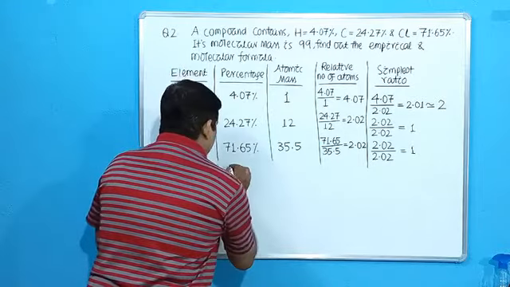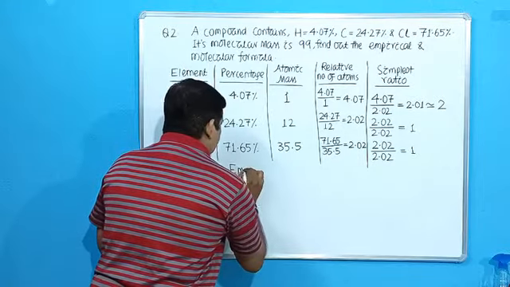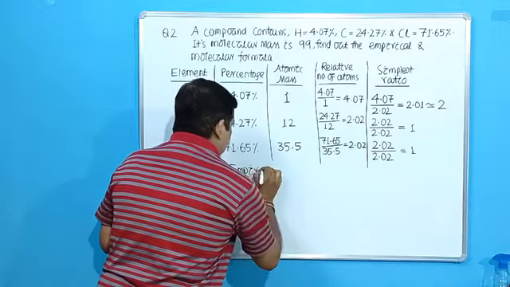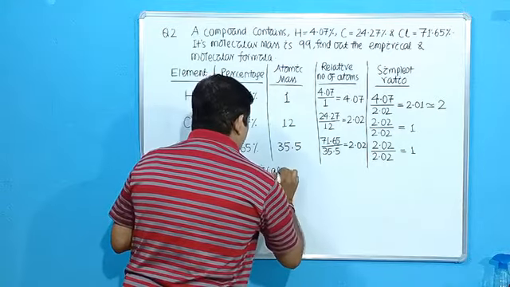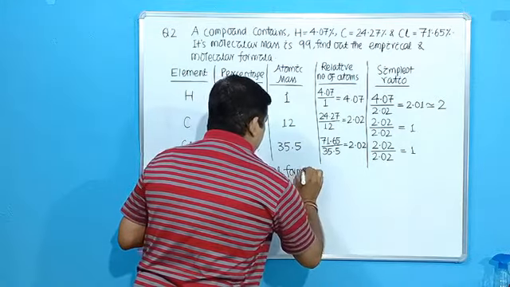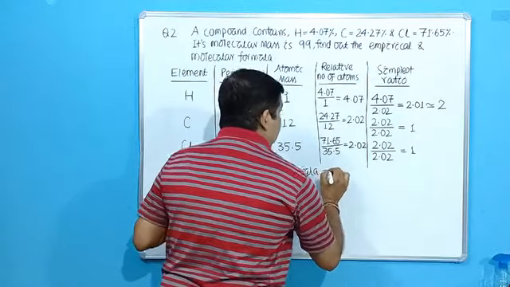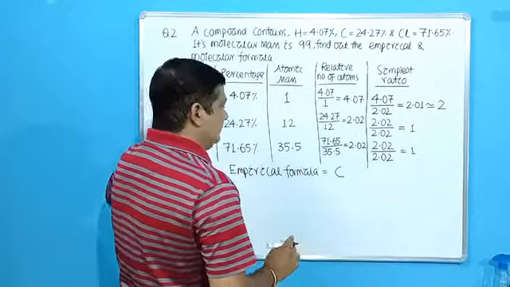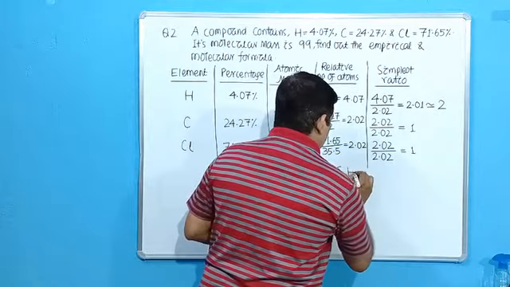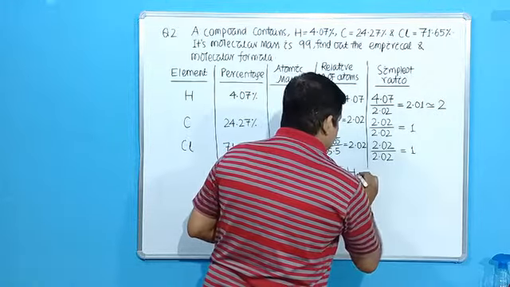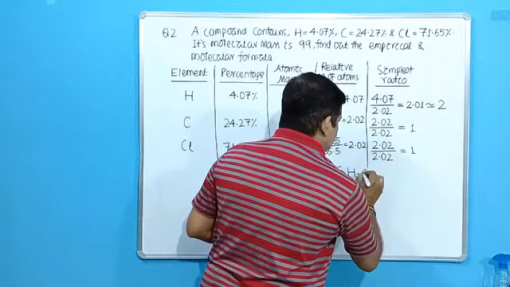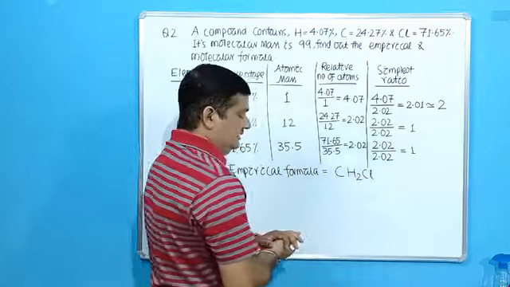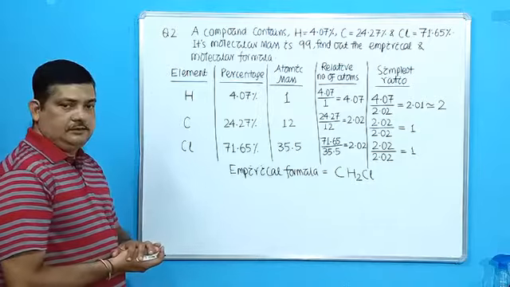So the empirical formula of the given compound will be: write carbon C, then hydrogen H2, and chlorine 1, so CH2Cl will be the empirical formula of the compound.